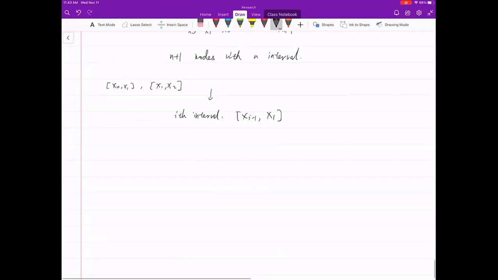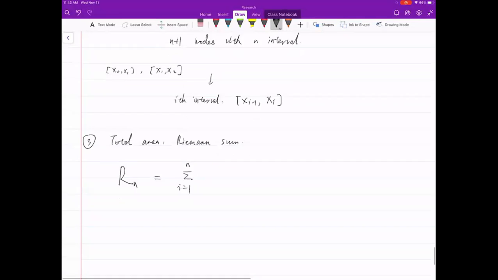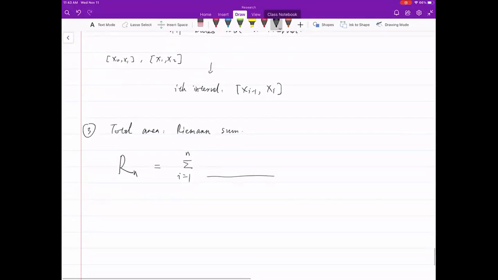Finally, number 3. Total area. We give it a name. We call it Riemann sum, R_n. It's going to be the sum from i from 1 to n. Here you want to put each rectangle. You have n of them.